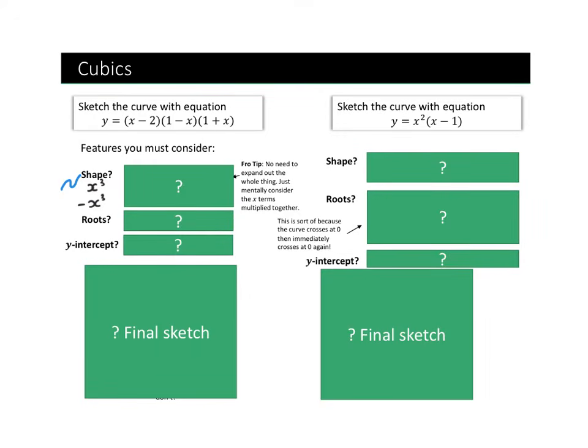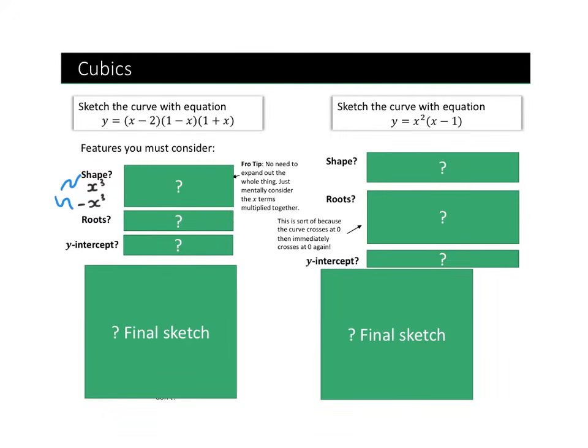We know that a negative x cubed starts in the top left, so it's going to look like this. So basically, it's either going to be a capital N, or a lowercase u. Okay? Good. Right then.